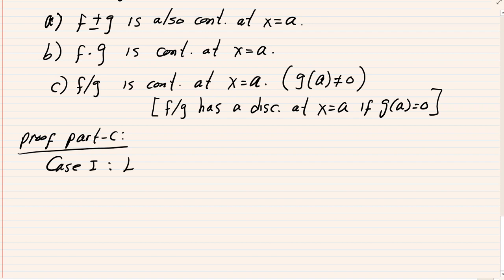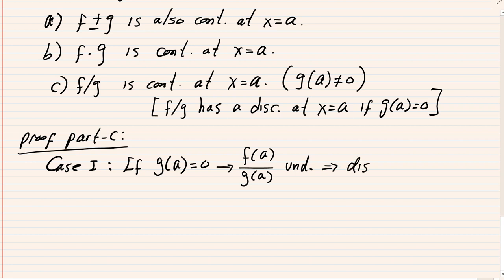Case 1: if g at a is indeed 0, that means we have division by 0. If that is the case, then f at a over g at a is undefined, and this would imply that there is a discontinuity at x equals a.